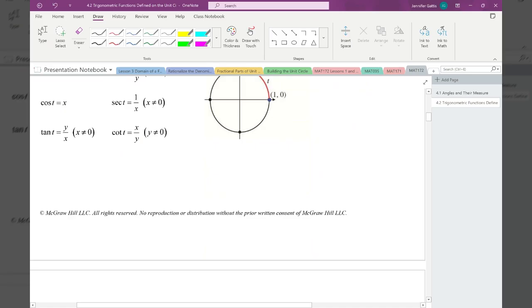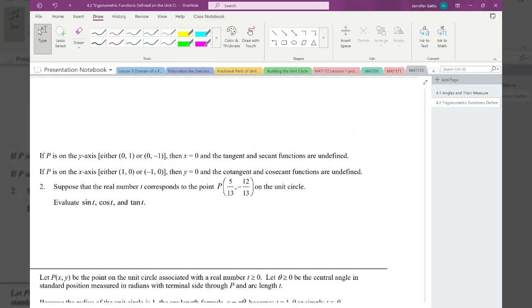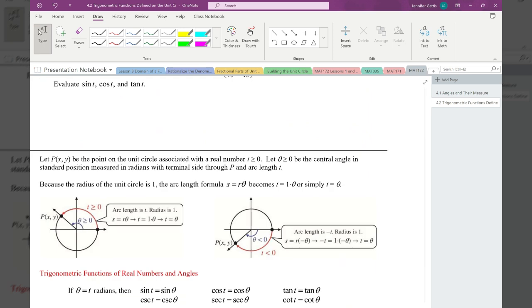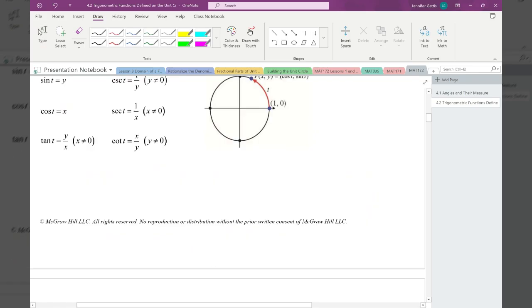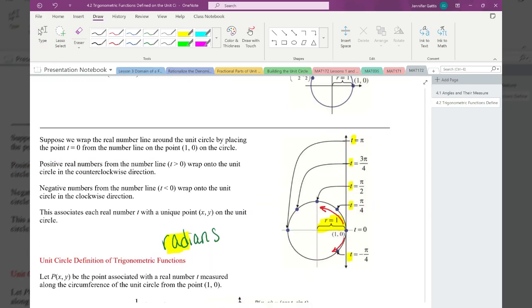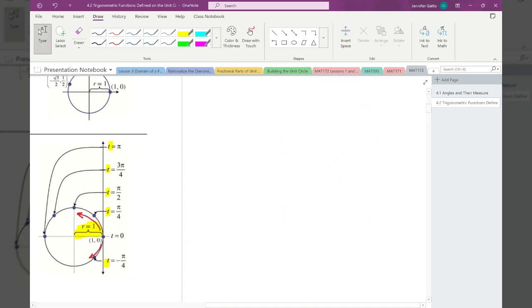Now, before we get into the measures on the unit circle, I want to take a little bit of a detour here. Let's come out to the side, where I would like to remind everyone of something that you learned in probably Math 2, definitely Math 3. You learned about what are called special right triangles.